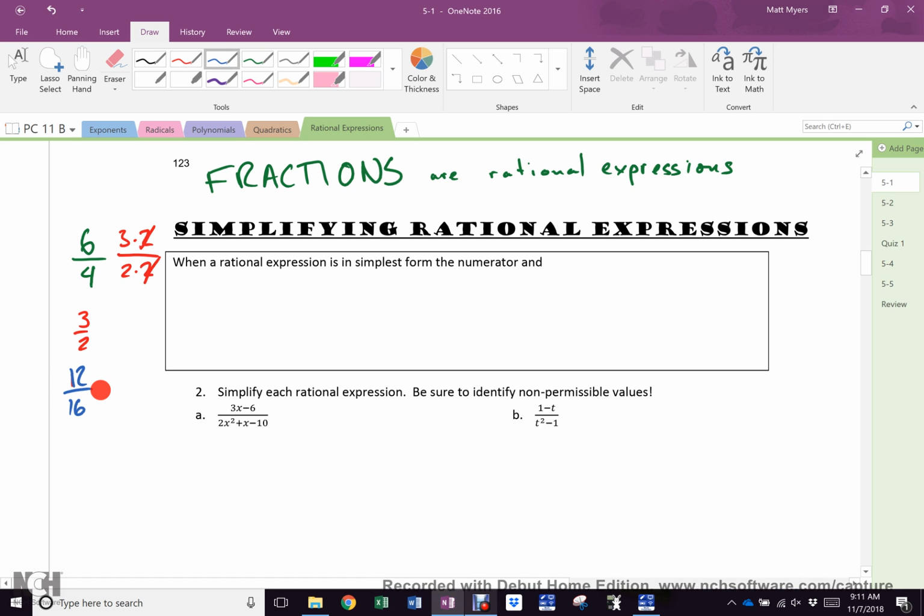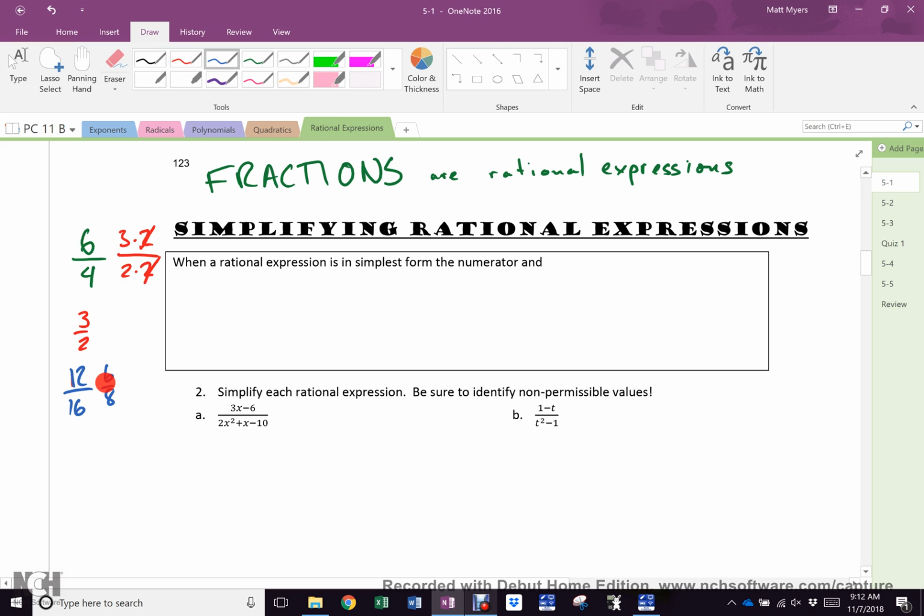12 over 16. All of you automatically are going to divide that by 2. First thing you're going to do. Even though some of you already know this is 3/4, the first thing you're going to do, because I've been teaching for 20 years, is everybody divides by 2. Because it's an even number. So you're going to get 6 over 8, correct? They share a factor again, don't they?